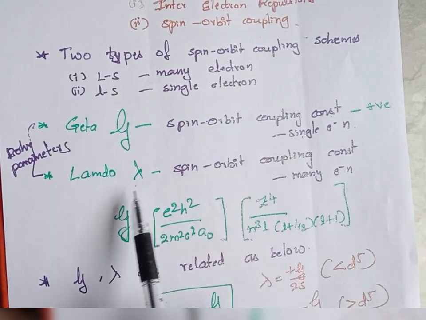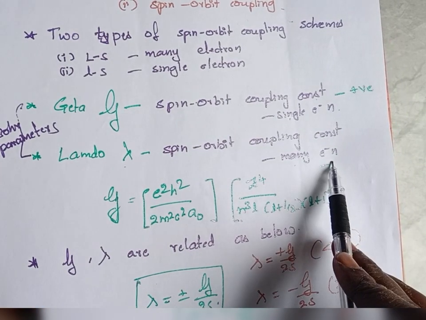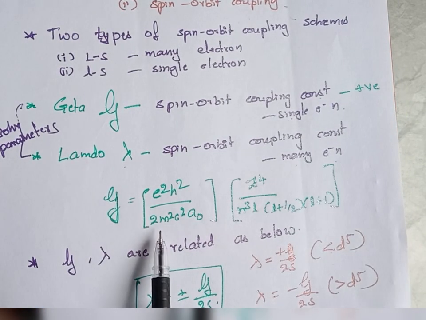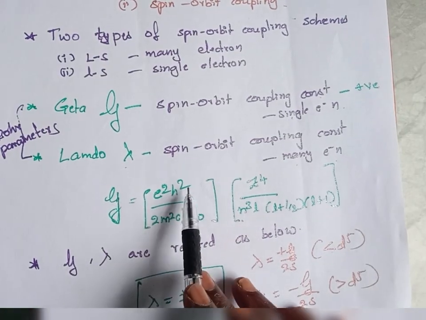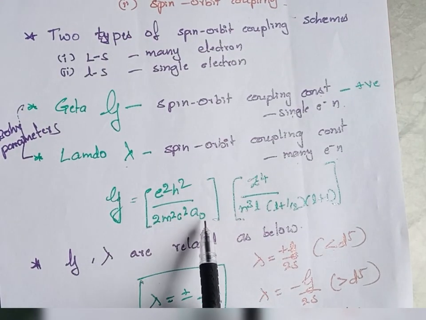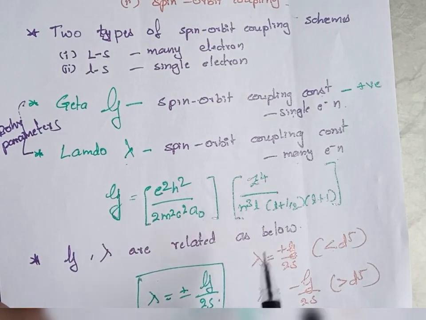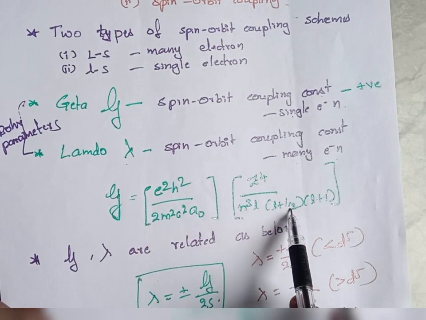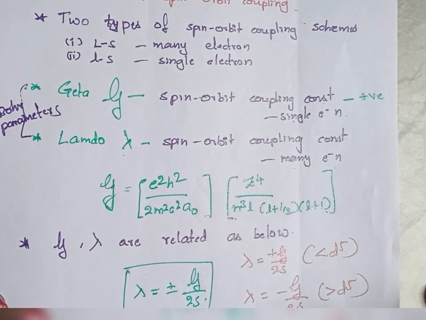And lambda is the spin orbit coupling constant for many electrons, where zeta can be given by the expression e square h square over 2 m square c square a naught, into z power 4 over n cube l into l plus 1, where we already know the terminology, right?